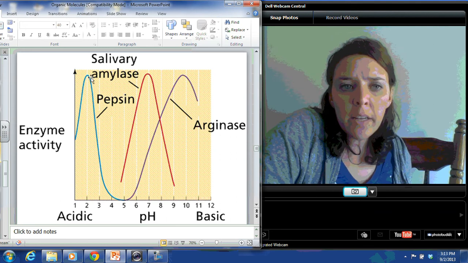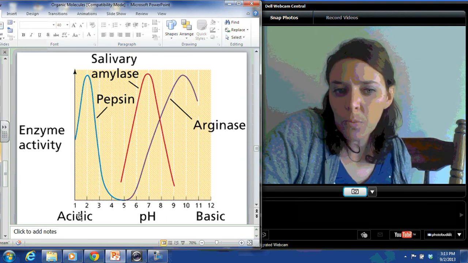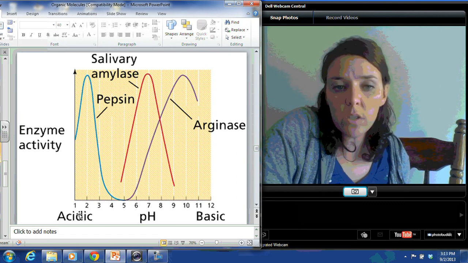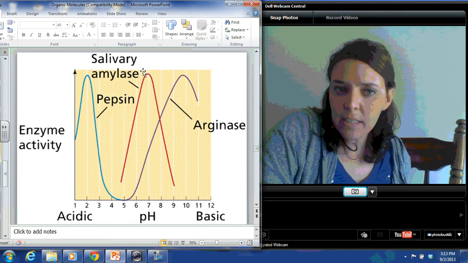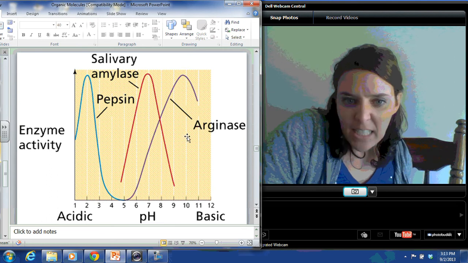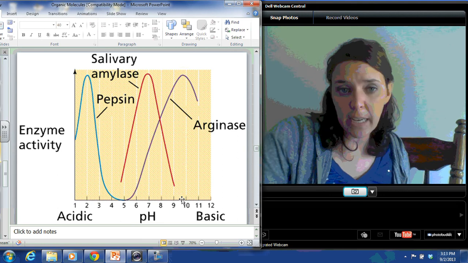If you look here with the pepsin, it works best in an acidic environment, and your stomach is acidic, pH of 2. Your amylase works best in a pH of 7. Your arginase works best in a pH of about 10. So these enzymes work best at specific pHs.